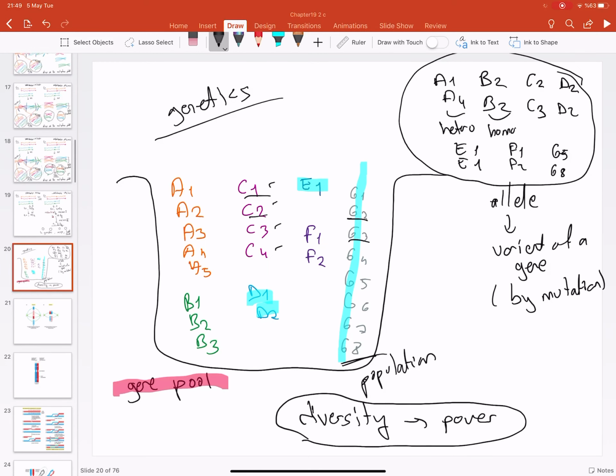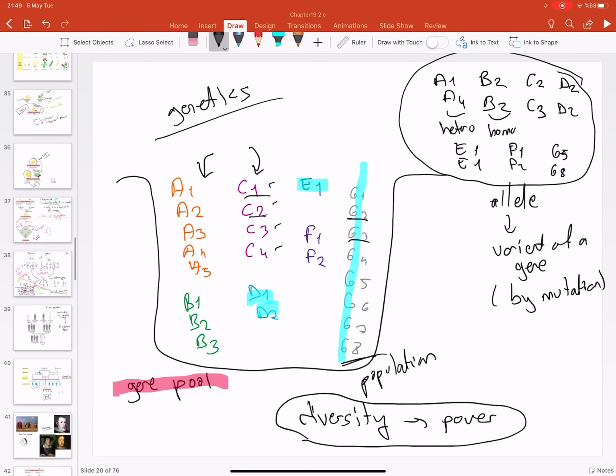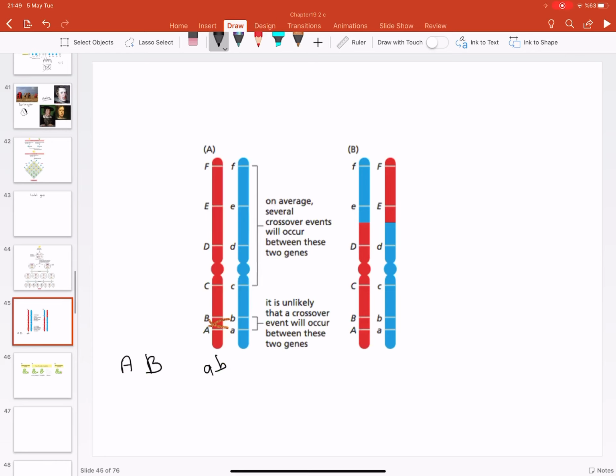In the gene pool analogy, we randomly select alleles from A, and we randomly select alleles from C. So what kind of alleles we select from A doesn't affect C, and what we select in C doesn't affect G. But in this case, because they are localized on the same chromosome, they affect each other.